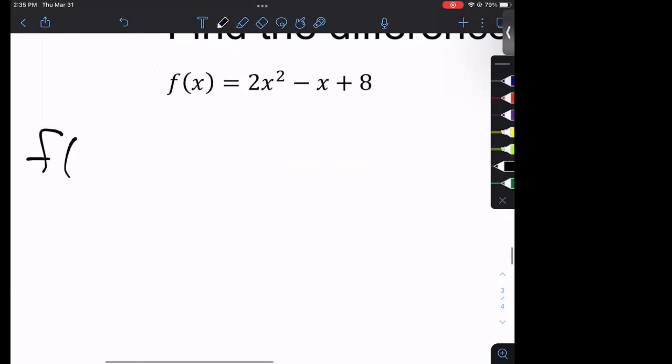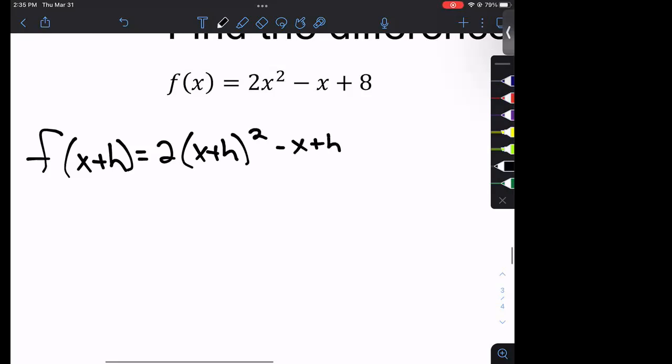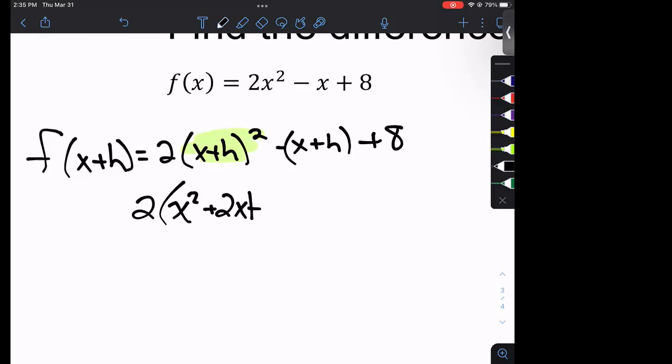So starting out with f of x plus h. We're going to have 2 times x plus h squared minus x plus h, don't forget your parentheses, plus 8. Then we're going to substitute this part out for what we already know that it equals. So that's going to be x squared plus 2xh plus h squared.